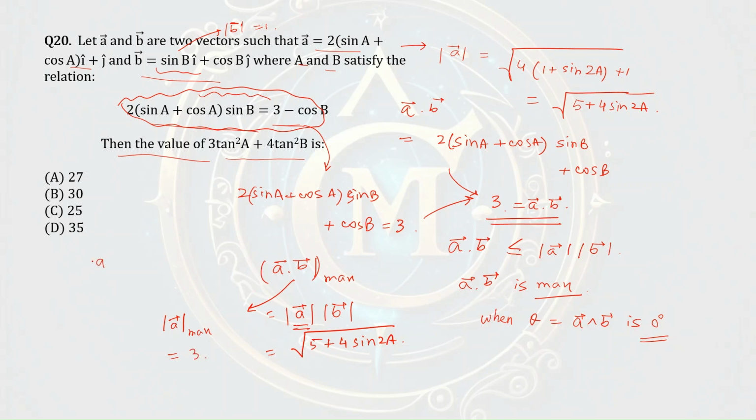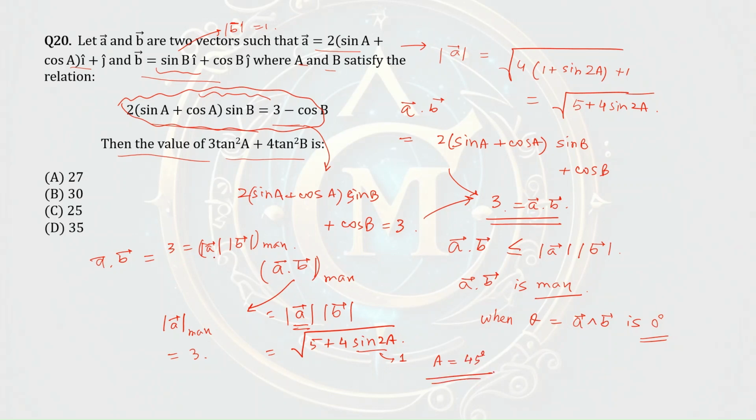Now see an interesting fact, that A dot B was found to be 3, which is equal to modulus of A times modulus of B when this product is maximum. So the vectors must be collinear, and modulus of A attains its maximum value when sin of 2A is 1. So that means A is equal to 45 degrees.